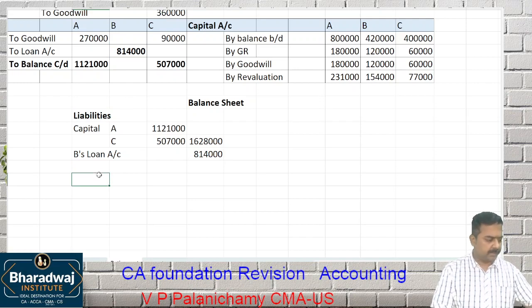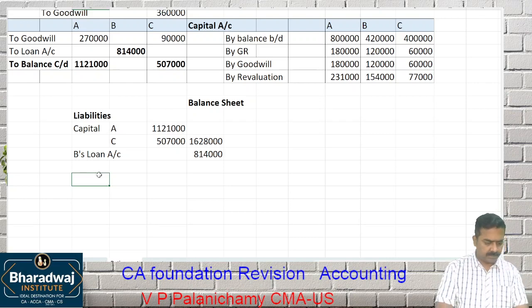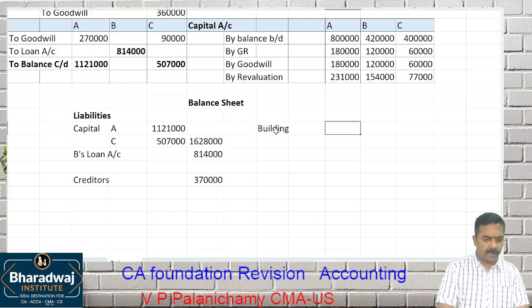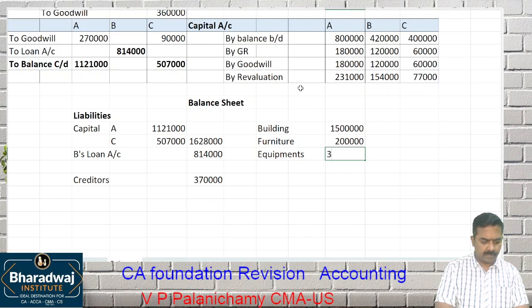What are the liabilities? Creditors 3,70,000. Then on the asset side, building, what is the revalued amount? Then Furniture 2 lakh. Office equipments 3 lakh 27,000.